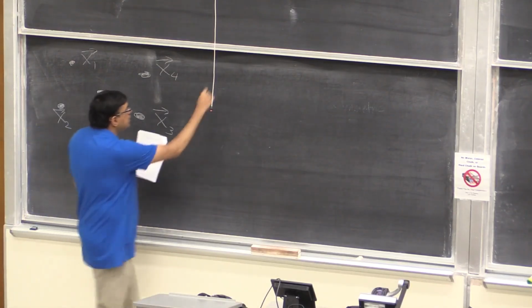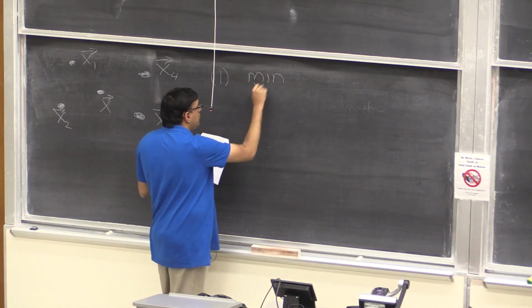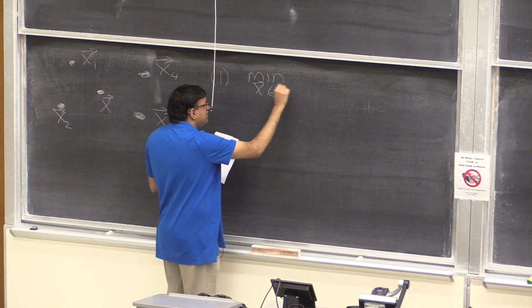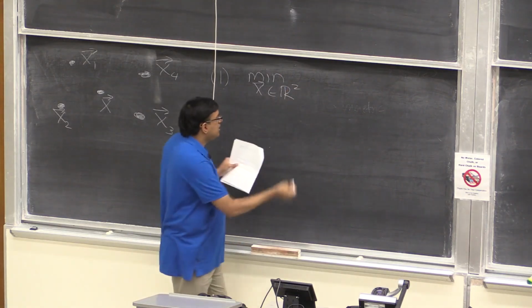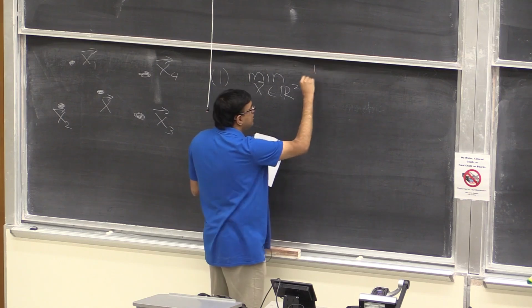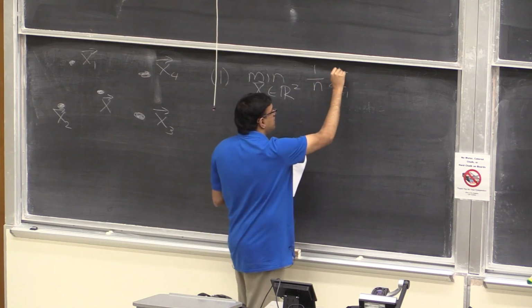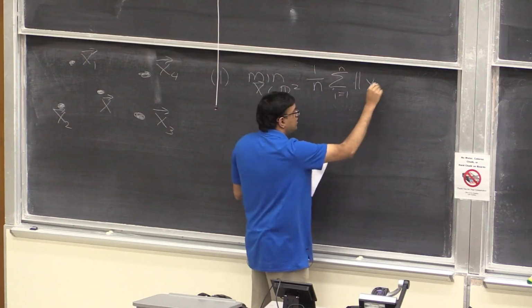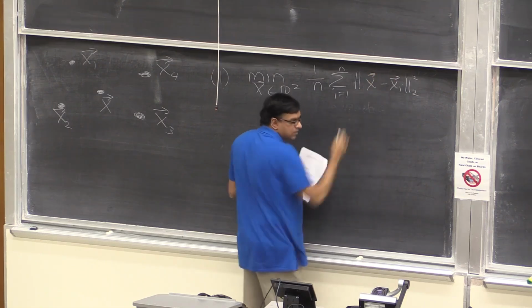This I'm going to call problem 1. It's a minimization problem over X in the plane, for example, if you're plotting things on a 2D grid, of the average sum of squared distances. Okay?